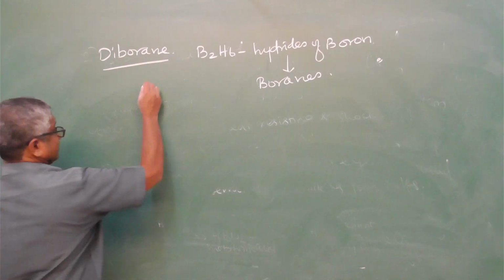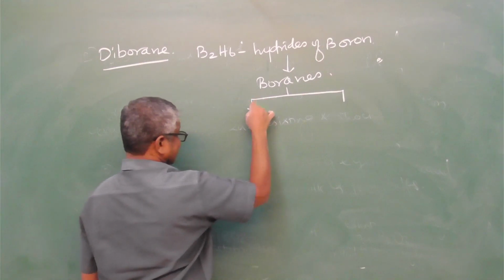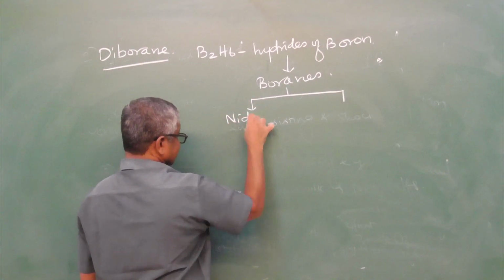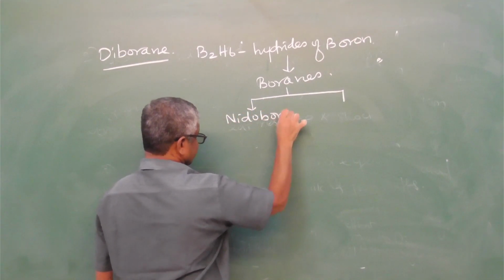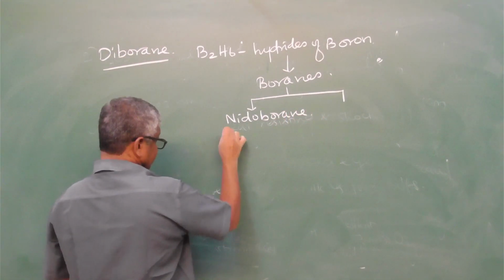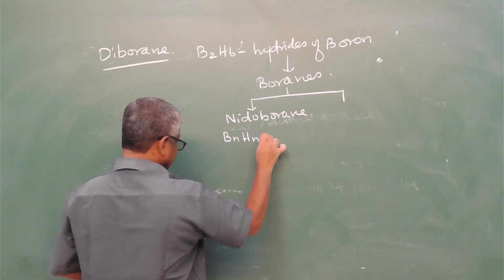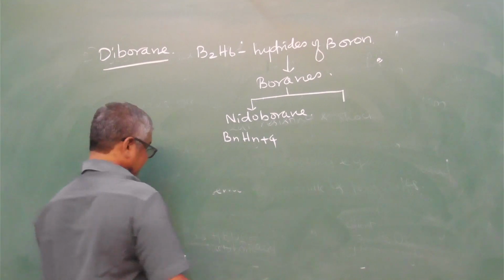So boranes are of two types. One is called nidoborane with the general formula BnHn+4 series.